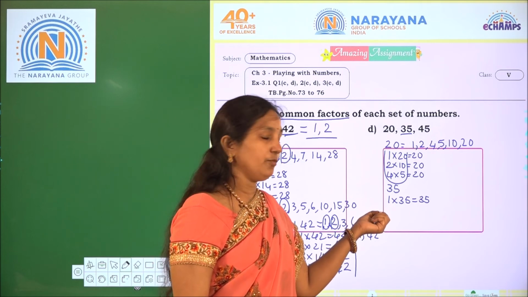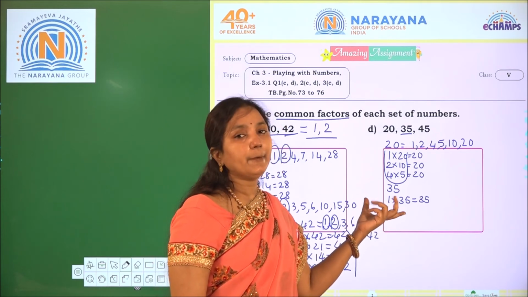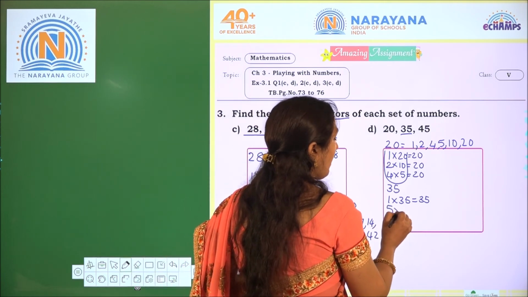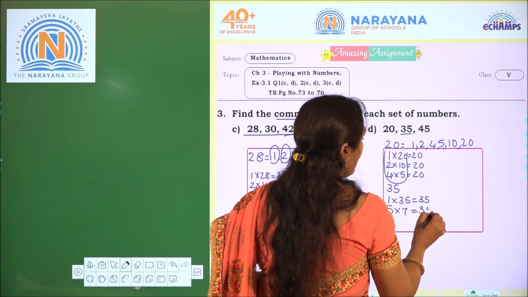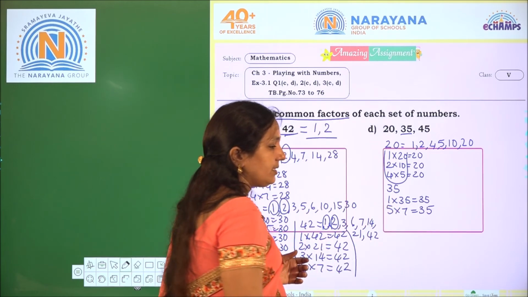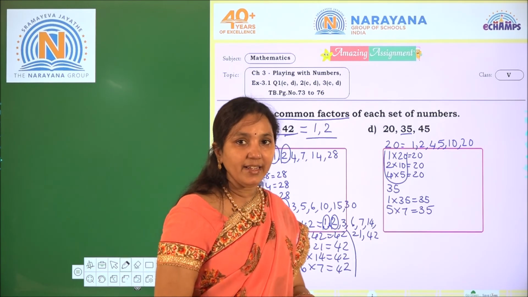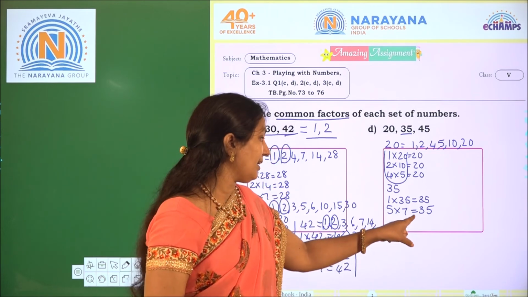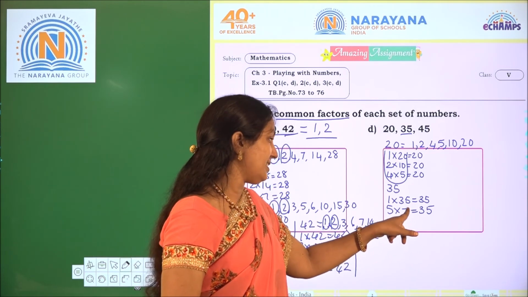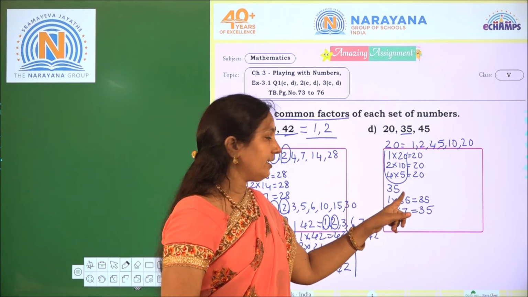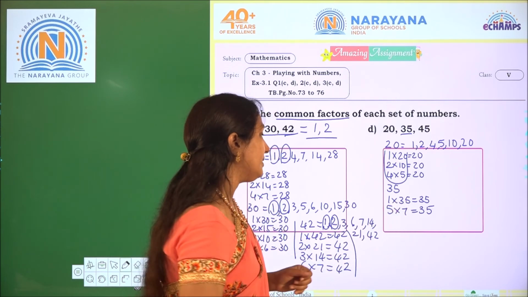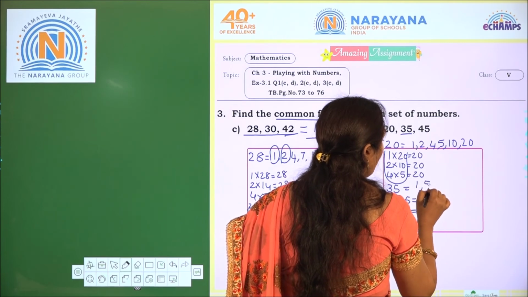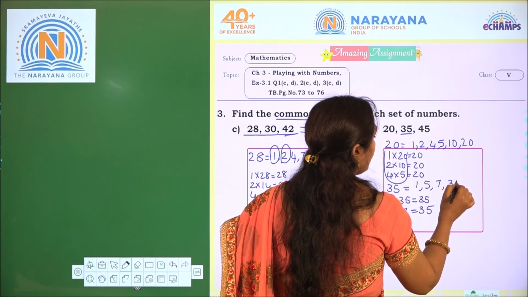In the 3 table, no. In the 4 table, no. 5, yes, 5 sevens are 35. 6 table, no, 6 is not a factor of 35. 7 table, 7 5s are 35. 35 ones are 35. So the factors of 35 are 1, 5, 7, 35.